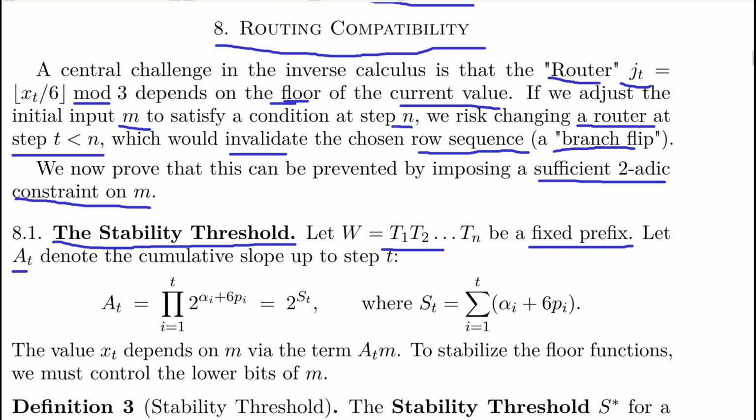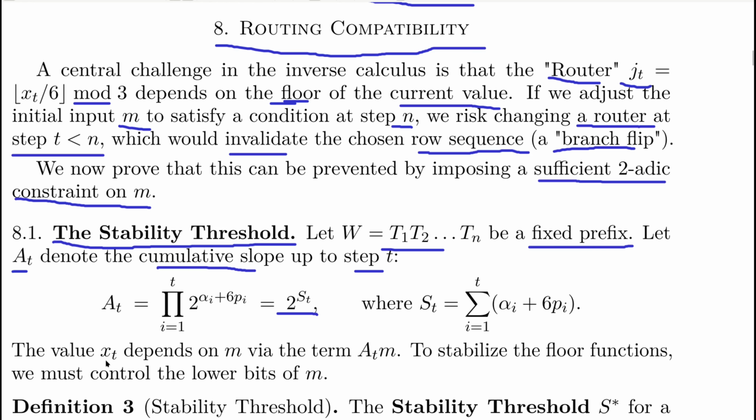Let A_T denote the cumulative slope up to step T. So A_T here is the product from i equals 1 to T of 2 raised to alpha_i plus 6 pi, which we can call 2 raised to S_T, where S_T is the sum from i equals 1 to T of alpha_i plus 6 pi.